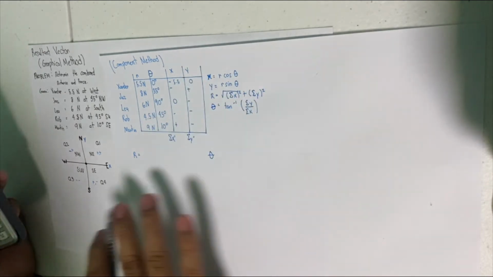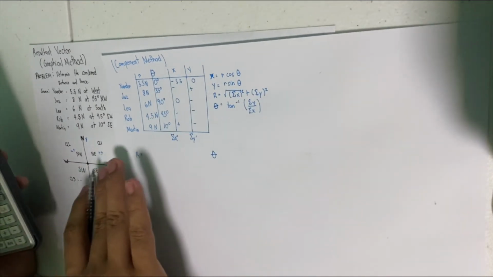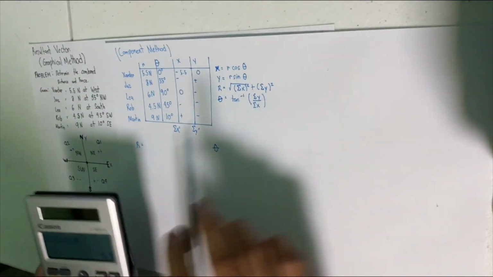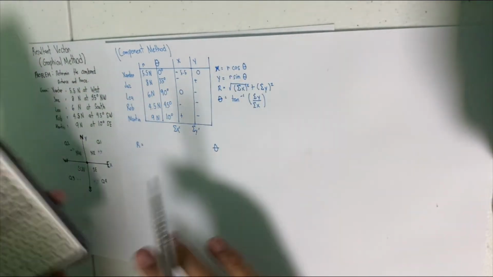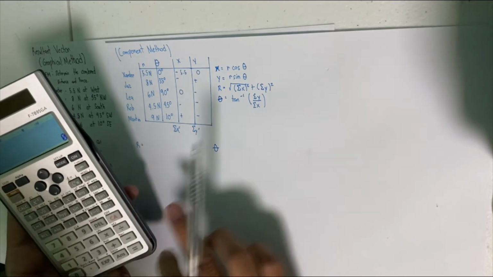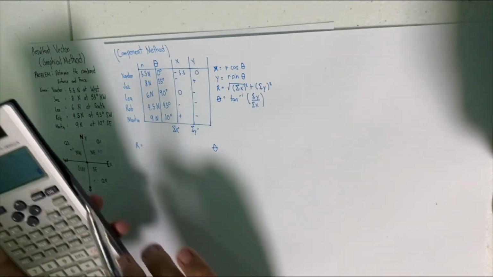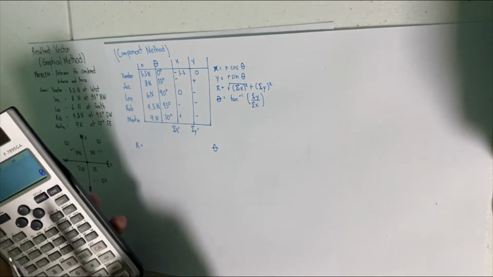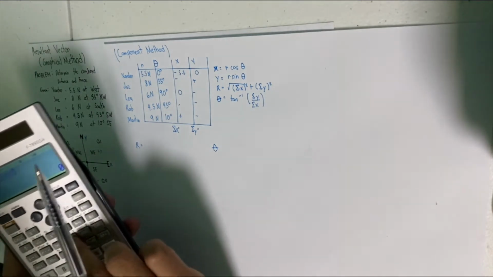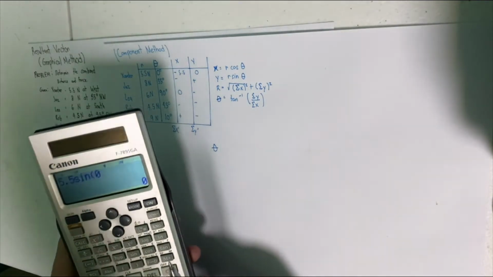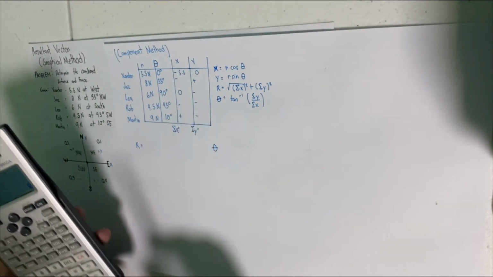Why 0? Because it's lying on the x-axis and not on the y-axis. So it's 0. But if you try it, it's also the same. So for y, r sin theta. So r is 5.5, sin 0 equals 0. So it means it's 0 there.